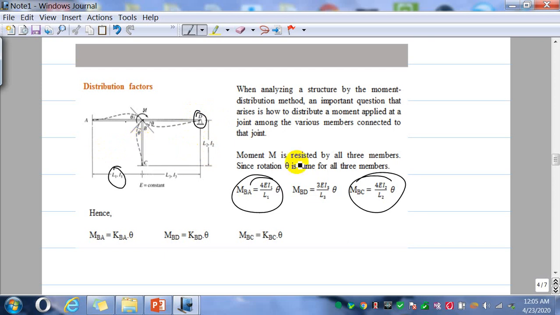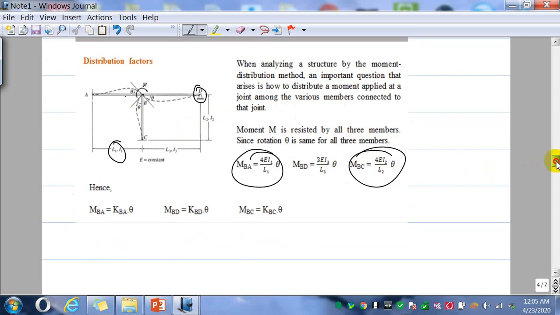So if you consider MBC, it is 4EI over L into theta. If you rework this, you can write K_AB, that is the stiffness of the segment AB, as 4EI1 over L1. So K_AB and K_BA are both the same. K_BD is 3EI3 over L3, and K_BC is 4EI2 over L2.